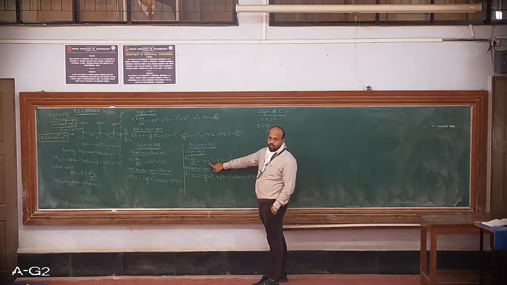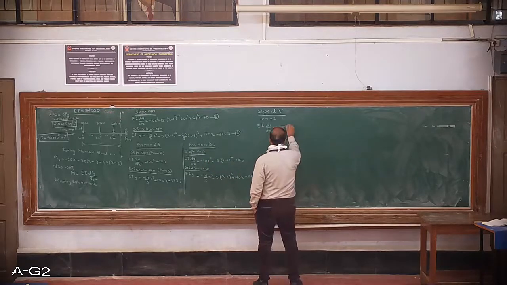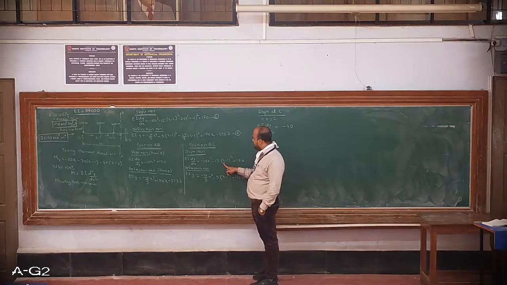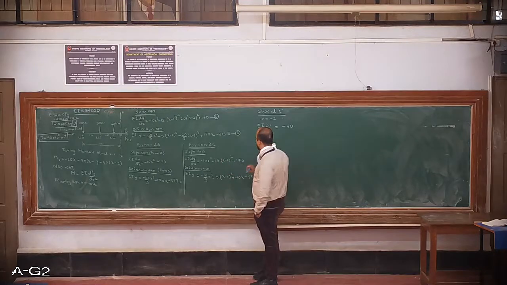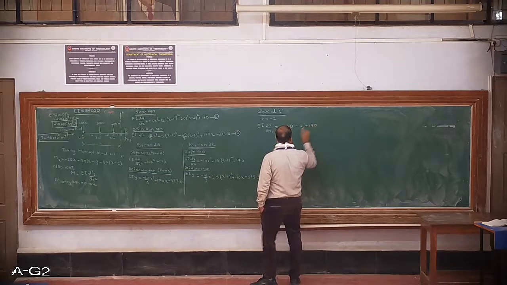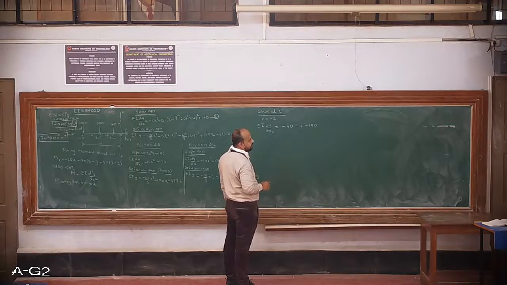X is 2, 2 square is 4, 4 into 10, 40. So it will become minus 40. X is again 2, 2 minus 1, 1 square, 1, into 15 is minus 15, plus 170. Okay. So 15, 40, 55, minus 55, 170 minus 55, that is 115.